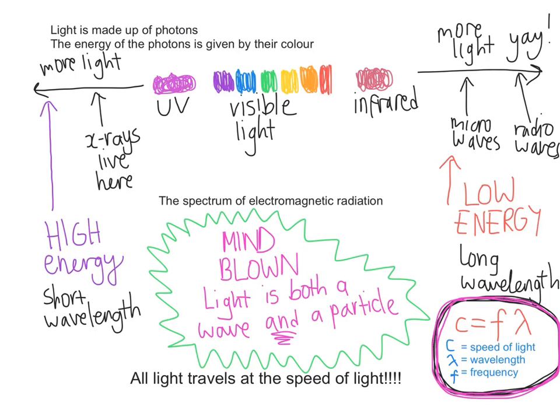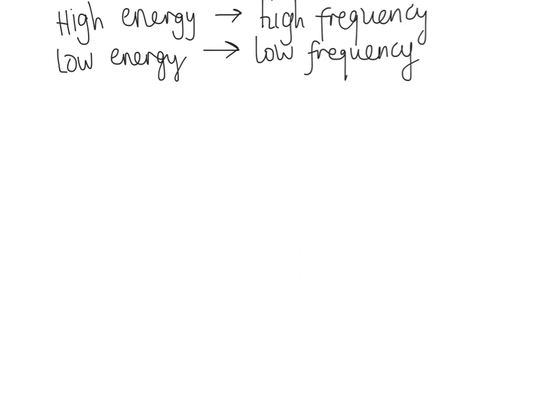So, if you've got short wavelength, it means you must have high frequency. And similarly, low energy, low frequency. So, we've just had a brief explanation that high energy light has high frequency, low energy light has low frequency.